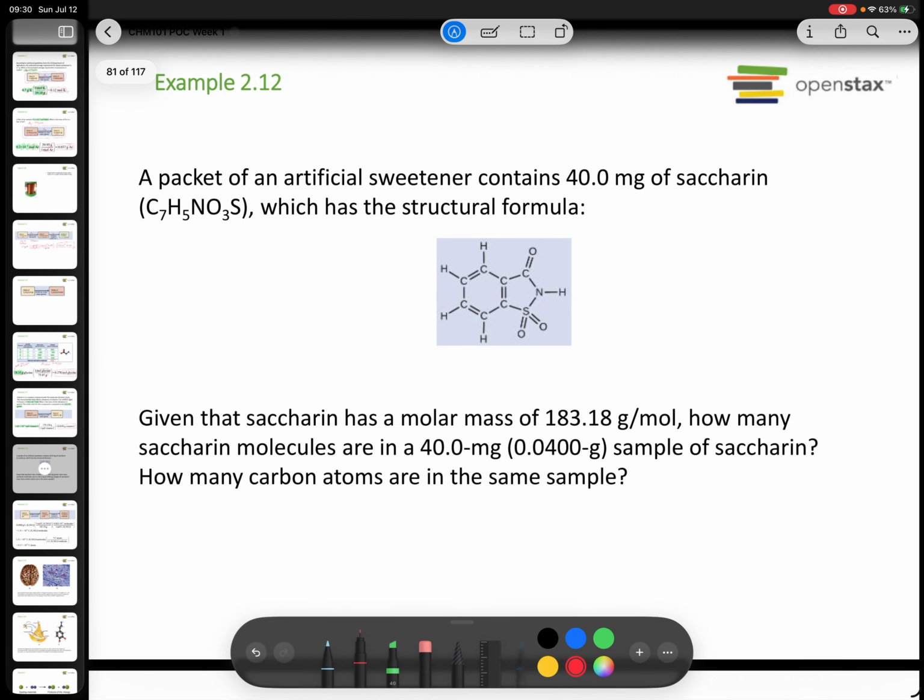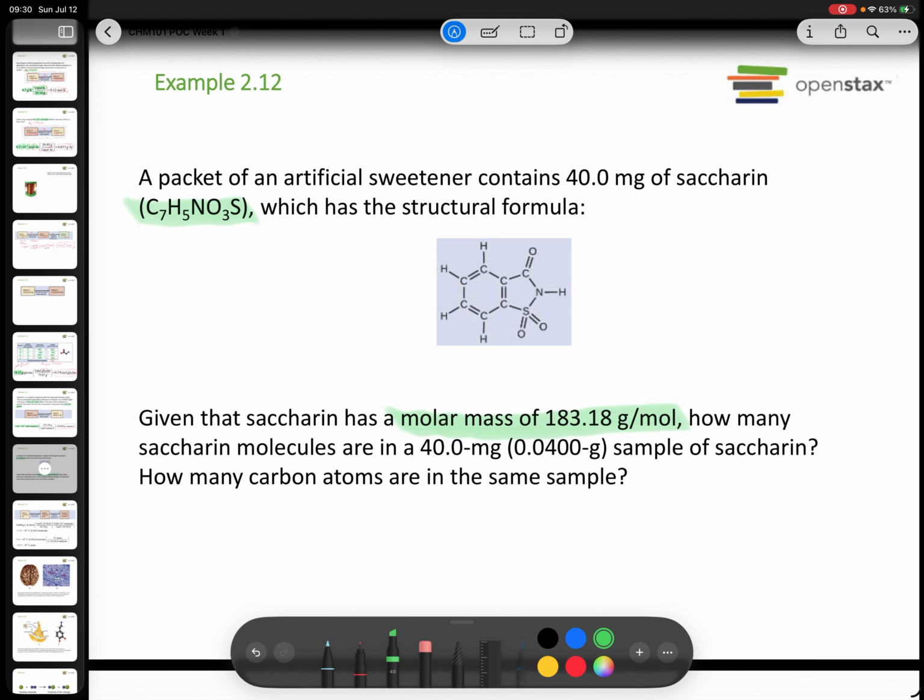Okay. So, another example ulit. So, in this example, a packet of artificial sweetener, mga mailing artificial sweetener dyan, it contains 40.0 milligrams of saccharin na tinatawag. Ito yung formula ni saccharin, C7H5NO3S. And ang kanyang molar mass ay 183.8 grams.